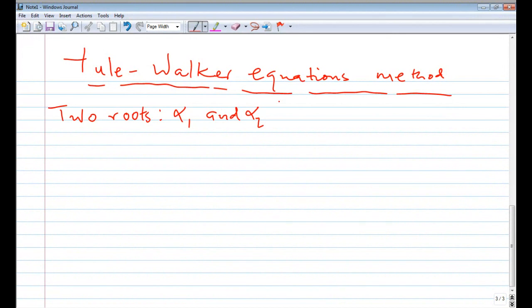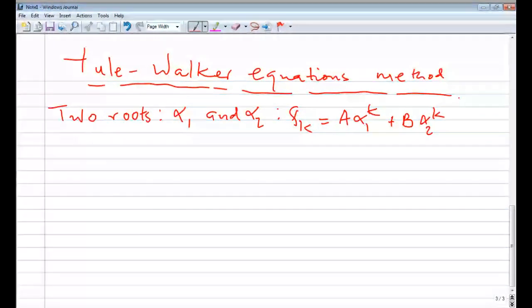Those are the two roots or two factors. The equation that you can use to calculate the autocorrelation function, if you have two roots, is rho k equal to a alpha 1 to the power k plus b alpha 2 to the power k. So this is the equation that can lead you to calculate the autocorrelation functions.